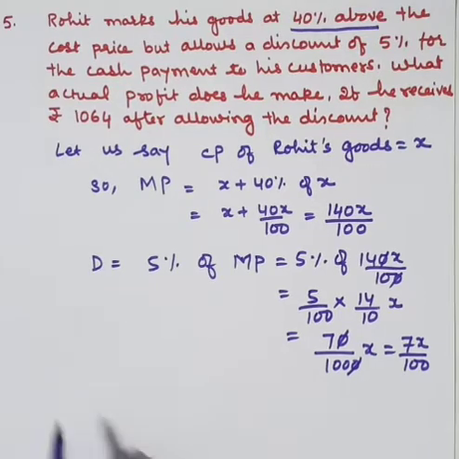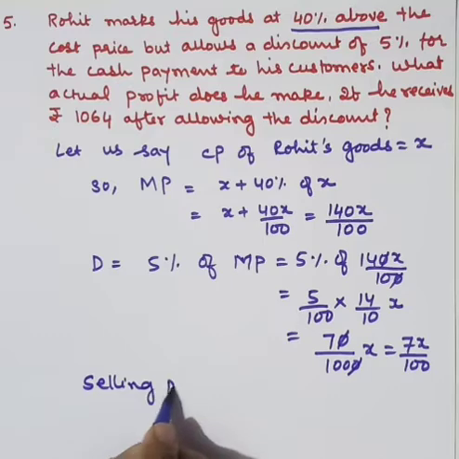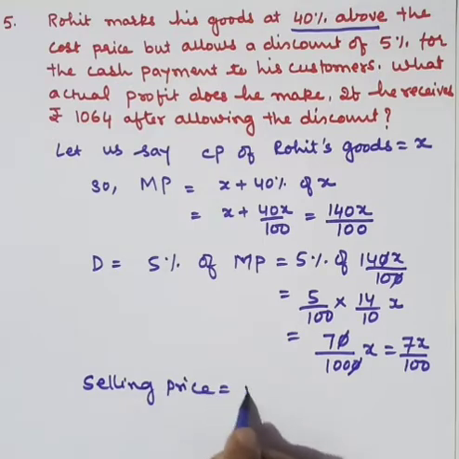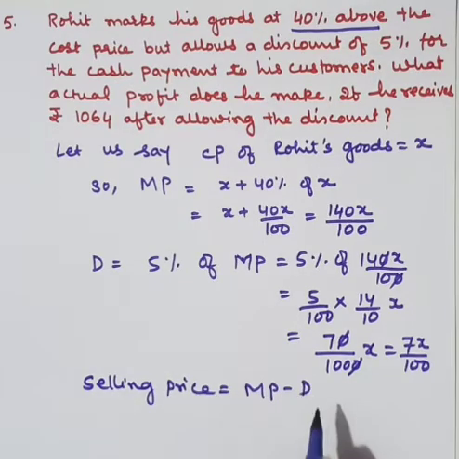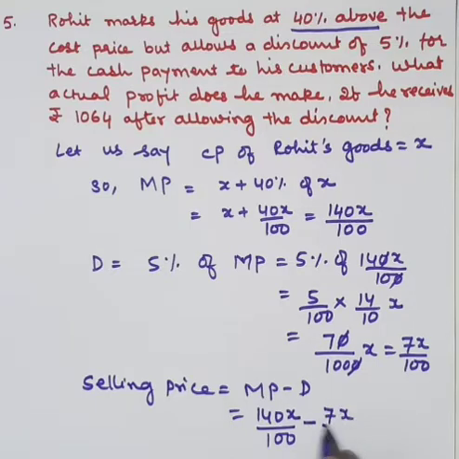Okay. Now what will be the selling price, children? Selling price will be equal to mark price minus discount. So what is your mark price? Mark price is 140x by 100 and discount is 7x by 100. So this is equal to how much? 133x by 100.